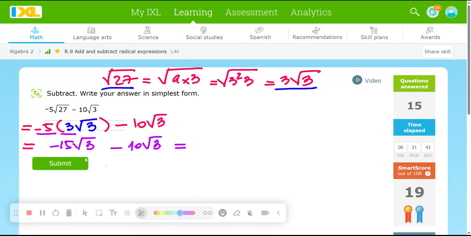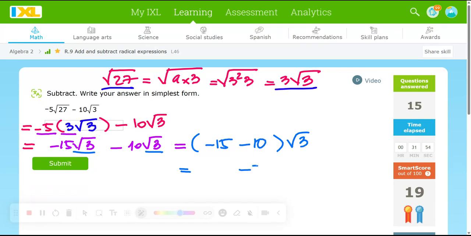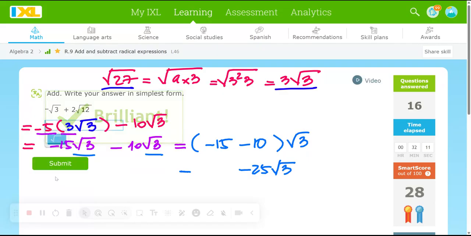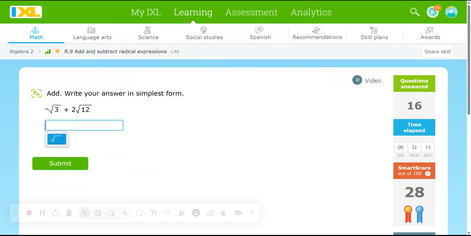Okay, so now you can see square root of 3, square root of 3 is the same thing, so you can factor it out. So now you have negative 15 and then negative 10, which come out at negative 25. So the final answer is negative 25 square root of 3. Okay, so I put here negative 25 square root of 3. And then I'm done. Voila.